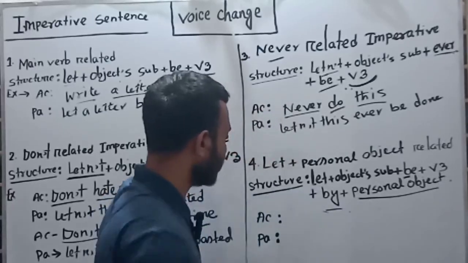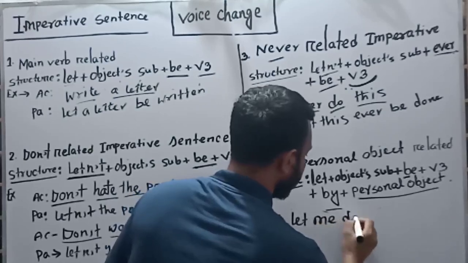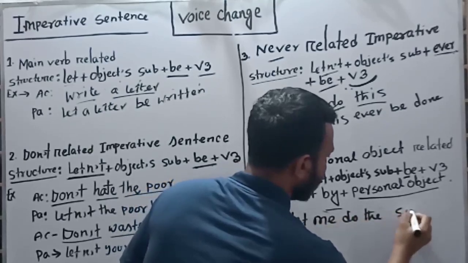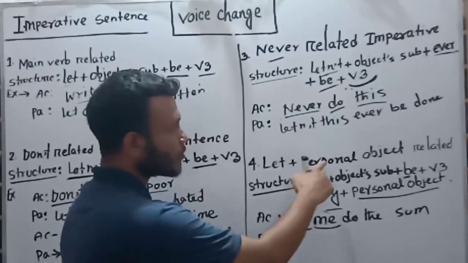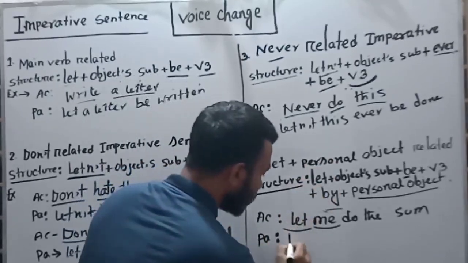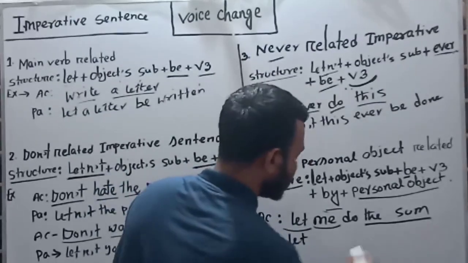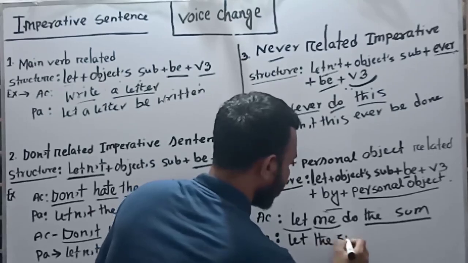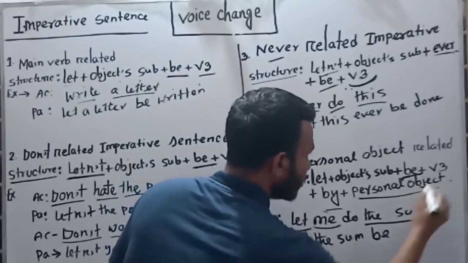If I write, let me do the sum. So you are getting let here, and me is personal object. So you have to start your passive sentence with let, and make the object into subject. The sum will be here, and use be, and use be3.